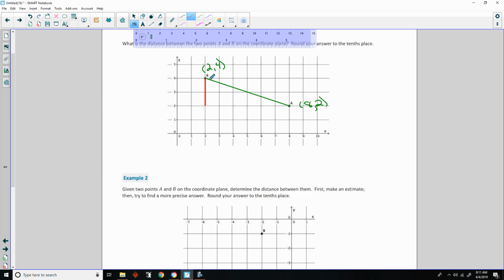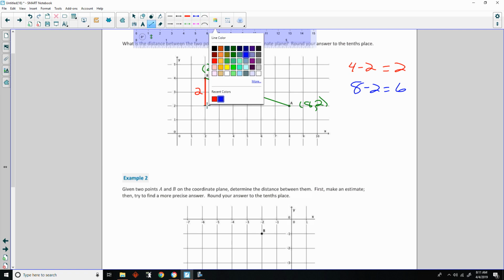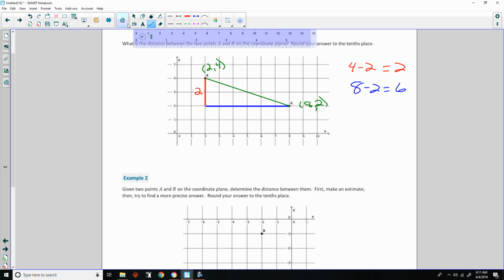So from A to B, the distance in the y's was 2. I'm probably making this more complicated, but you just take the two y's and subtract, and that's 2. And then you take the two x's and subtract and get 6. So in other words, I would have a line segment that goes from here to here of length 6.